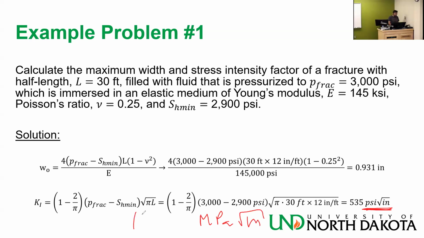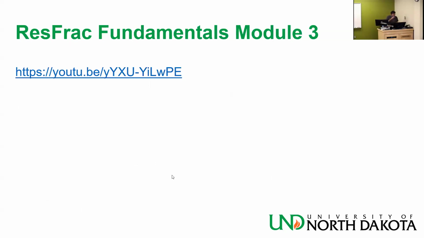So KI or KIC is given by these units: MPa square root of meter. And the second equation is what you see from Griffith's paper. It assumes a perfectly elliptical shape and so on and so forth.